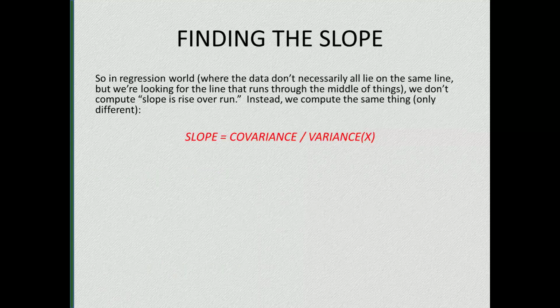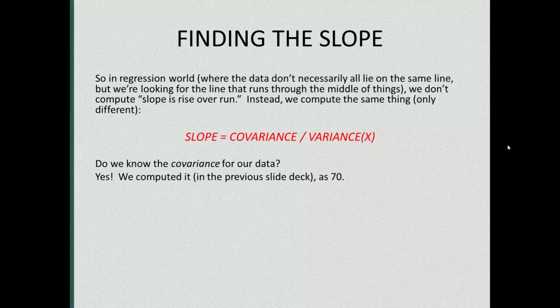So basically, we're taking rise over run. Covariance measures the rise, how much the y changes as we change the x. The variance of x measures the run, how much the x is changing. And so here is our, quote, formula, but it's really just our old friend from high school, rise over run.